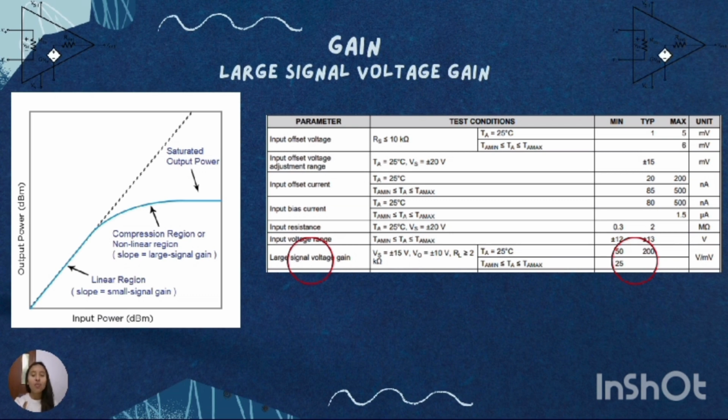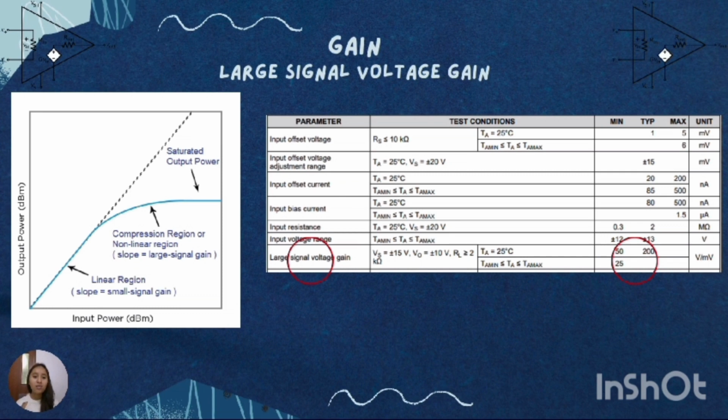In many cases, operational amplifiers are used in a linear range where the output is proportional to the input and the voltage gain in that region is calculated. However, in applications where the input signal is large and the operational amplifier can reach saturation, the voltage gain in large signal can be calculated as the ratio between the changes in the amplitude of the input signal and the corresponding changes in the amplitude of the output signal.